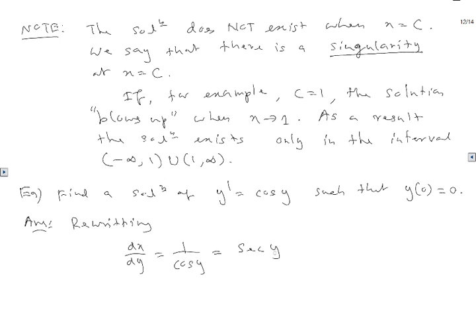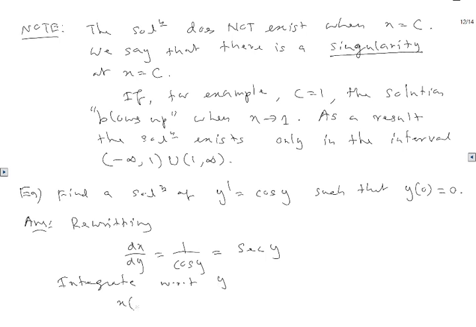Okay, 1 over cosine y means secant y. Now what we can do, we can integrate. How to integrate? So integrate with respect to y.